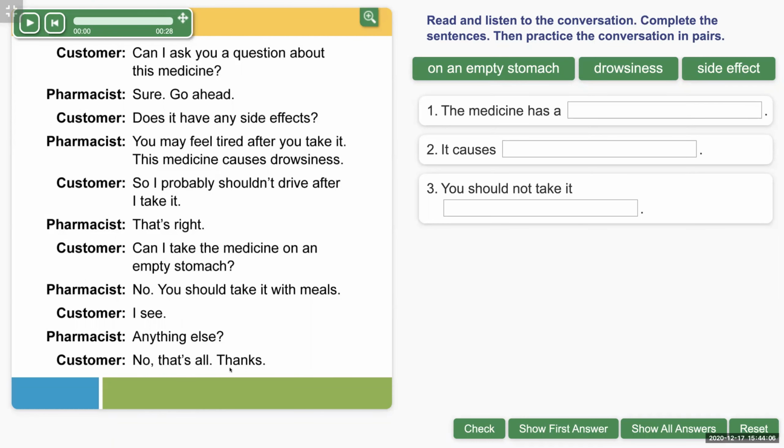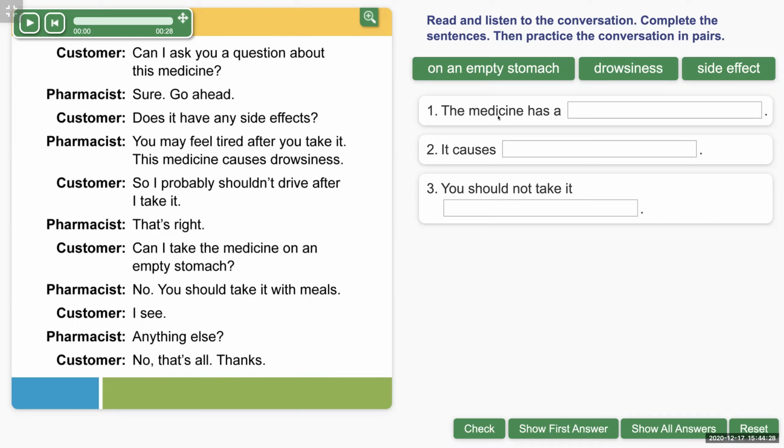If you need to repeat this more than once, you can pause or rewind it and then listen again. We want to make sure that we pronounce the words correctly and that we get used to the sounds in English. Here we have: read and listen to the conversation, complete the sentences, then practice the conversation in pairs.